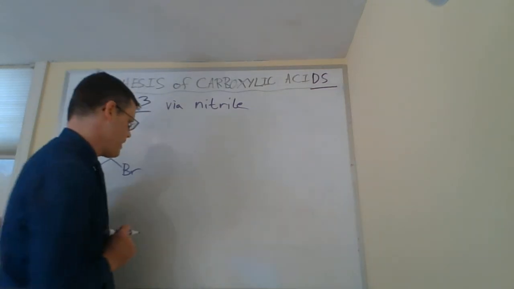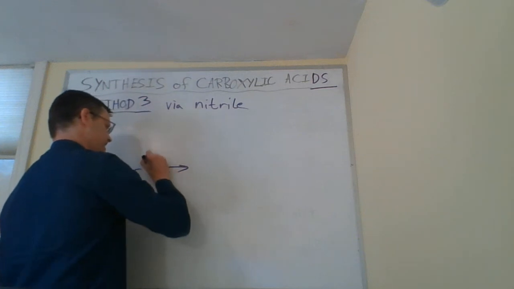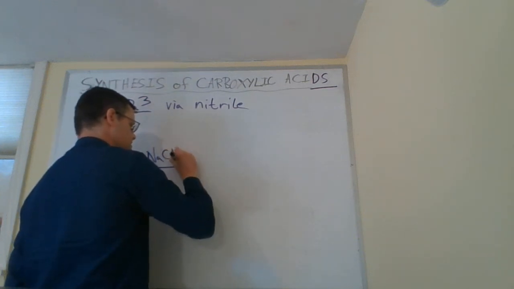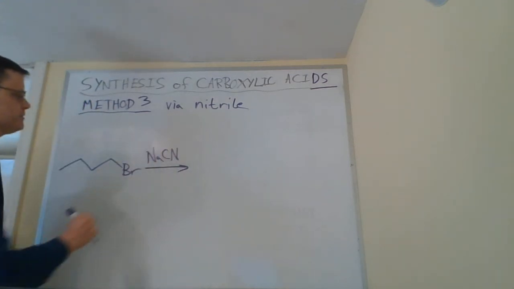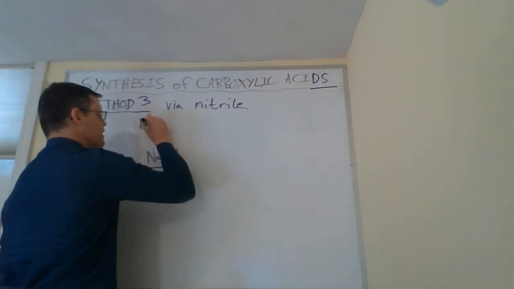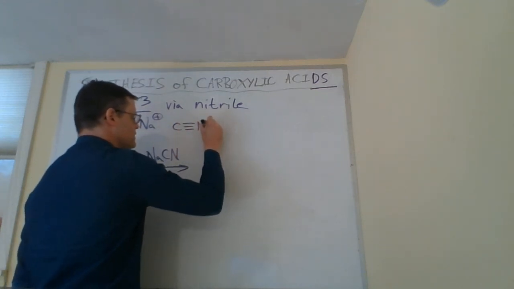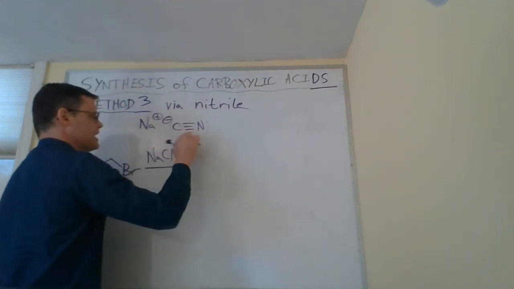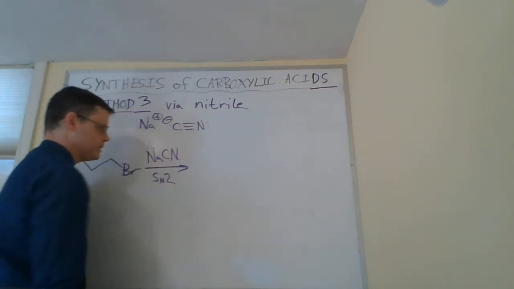And what is the first thing I'm going to do with this? I'm going to add sodium cyanide to it. The sodium is just a spectator ion, it's just watching things. The cyanide is a nucleophile, so this does an SN2 reaction to displace the bromine.